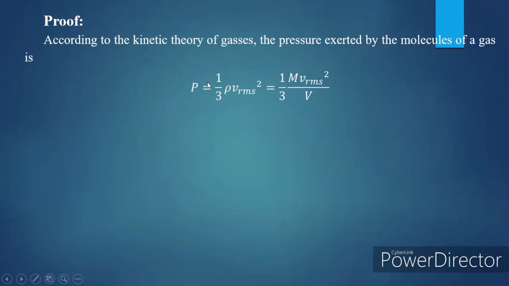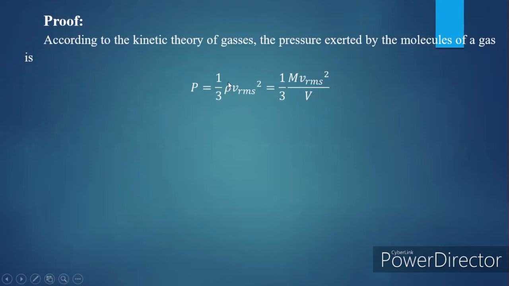I had said we would need this later, when I discussed it. We have not derived it, but we have observed that the pressure of the gas is equal to 1/3 into rho into V RMS square. What is rho? Rho is the density of the gas. This density can be expressed as m divided by V, mass per volume.